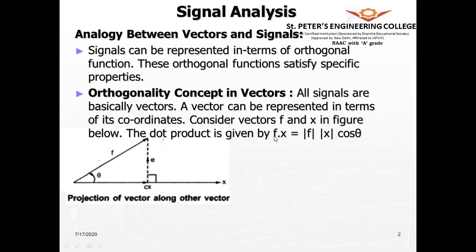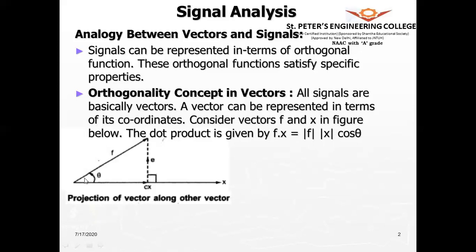The dot product of vector f and x is equal to mod f multiplied by mod x multiplied by cos of theta, where theta is the angle between the two vectors f and x.